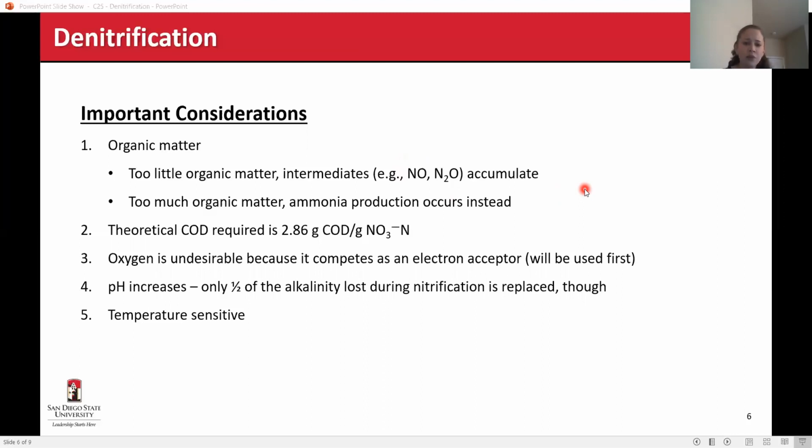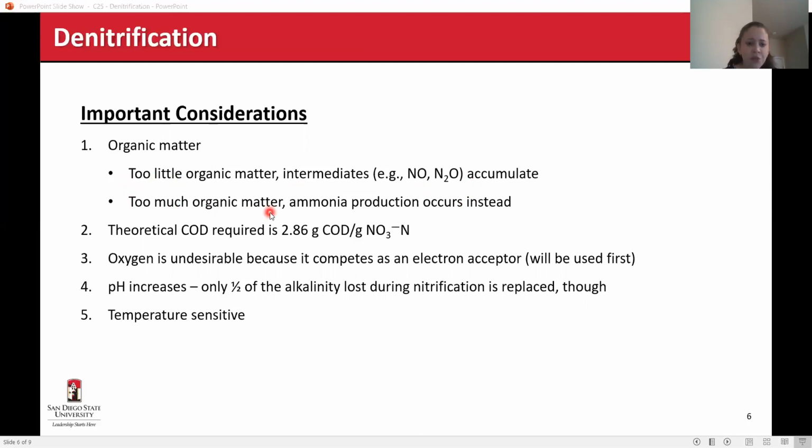And so we don't want to be contributing to greenhouse gas emissions. And of course, especially nitrous oxide here is a very potent greenhouse gas. And so we want to make sure that we're not getting stuck with these intermediates and that we are providing enough organic matter to push the denitrification process all the way through to nitrogen production.